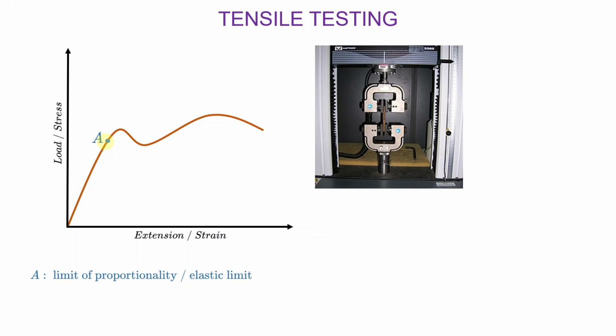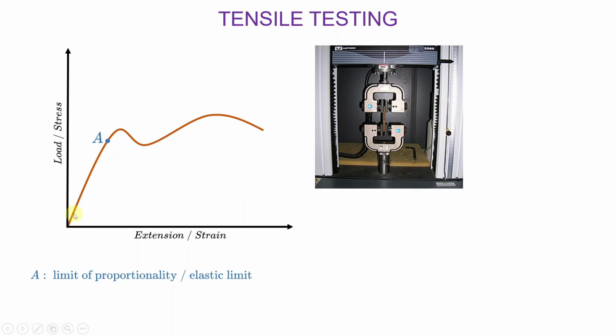So the load is behaving proportionally. Let me say, when you apply a certain load, the extension that you get is proportional to the load that you apply, okay? You have a proportionality going on here. But once you reach point A, that is the limit of proportionality.